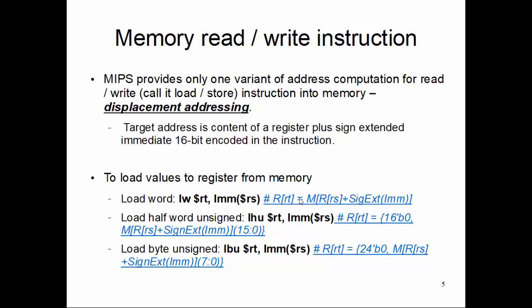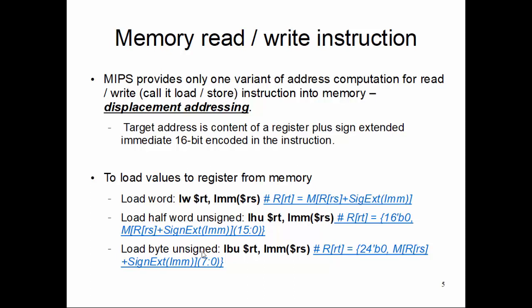It's the same as the previous load word: R of RS plus the sign extended immediate, you add them up and get the target address from where you are reading. What is special about LHU is that you pick the first 16 bits from that 32-bit read and put them into the lower 16 bits of the target register RT, with the higher 16 bits of RT being 0.